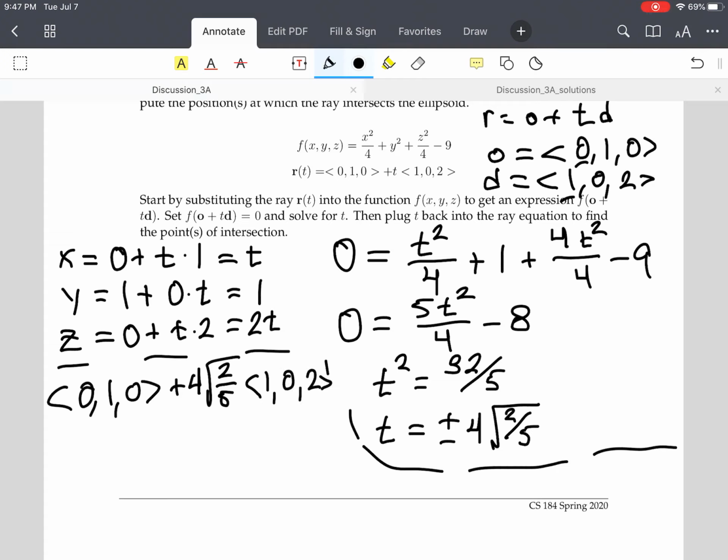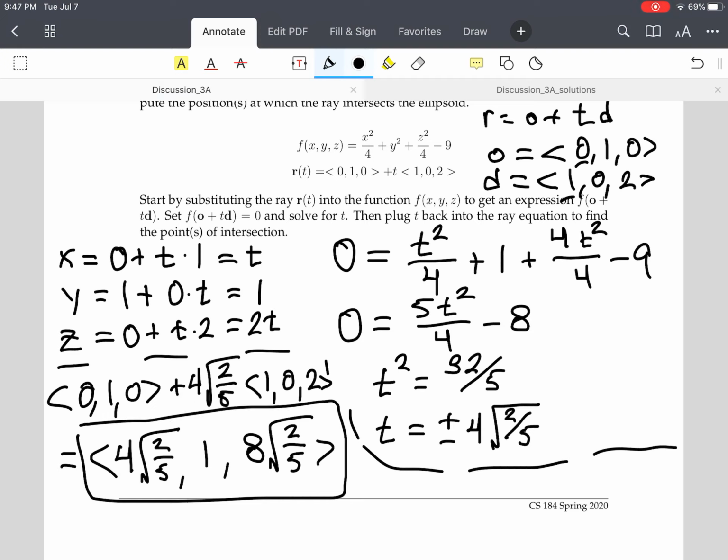Okay, and so we're basically just going to scale this D by 4 root 2/5 and then add. So there we go. This is just going to be 4 root 2/5, right? Because this one's 0, so it's just going to be 1 plus 0, 1. And then this is going to be 0 plus 2 times this, so 8 root 2 over 5. And there we go. That is the point of intersection between this ray and this ellipsoid.